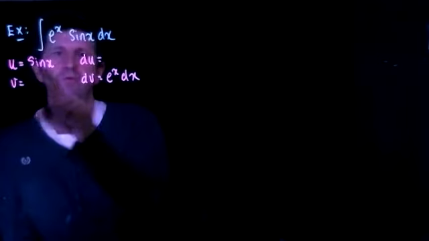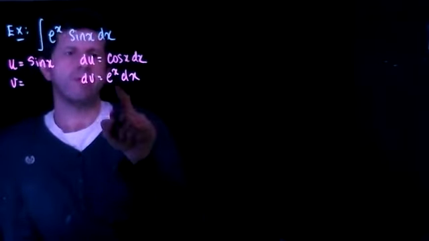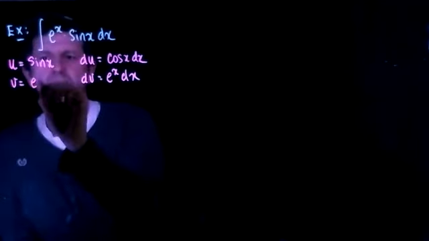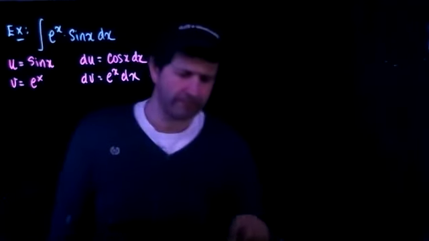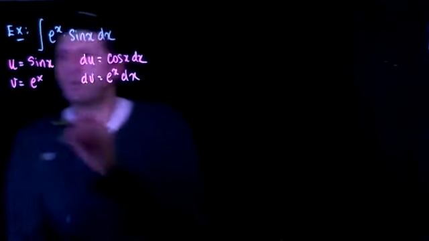Okay, so the derivative of sine is cos. And the antiderivative of e to the x dx is just e to the x. Okay, so I'm ready to do my integration by parts.